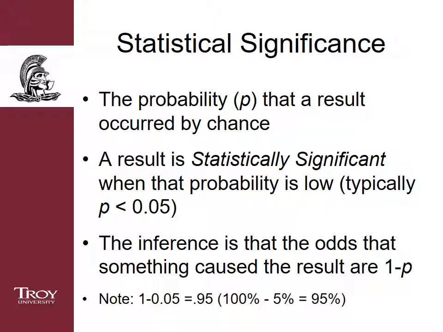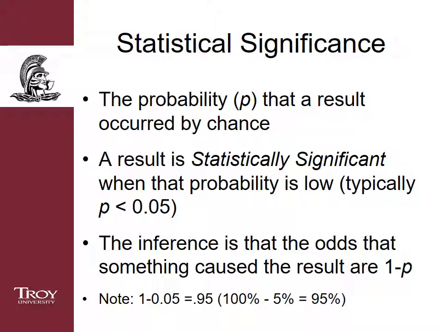then we say, well, we probably have a 95% chance that something is going on. If there's a 5% chance that nothing's going on, that what you're seeing is a result of randomness, then there's a 95% chance, and this is the inference.